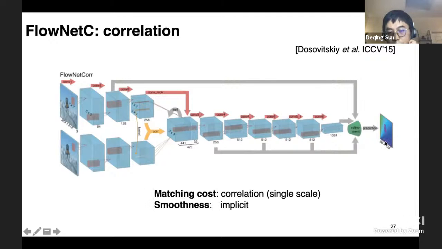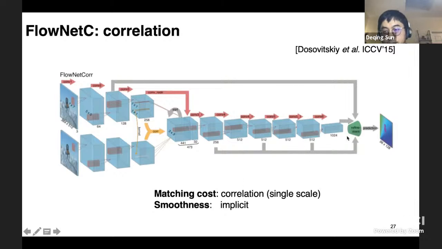So the domain knowledge is, for the data term, it uses the correlation at a single feature pyramid level. Remember the aperture problem, where it's very hard to decide the matching scale. This network will also inherit that problem.